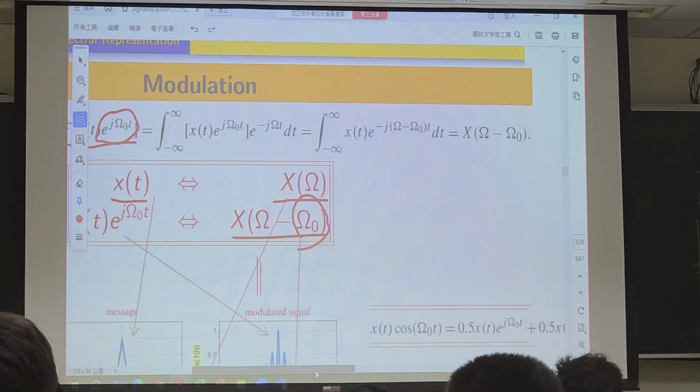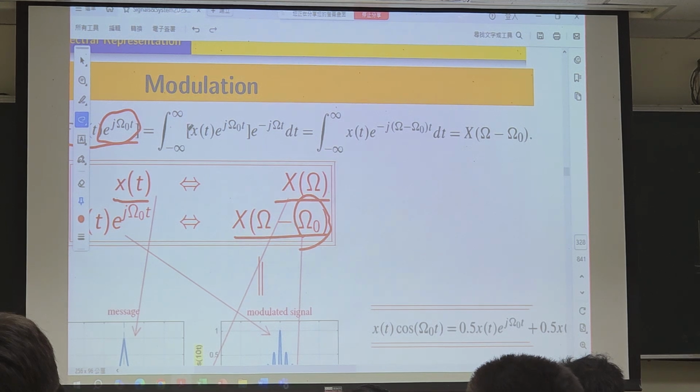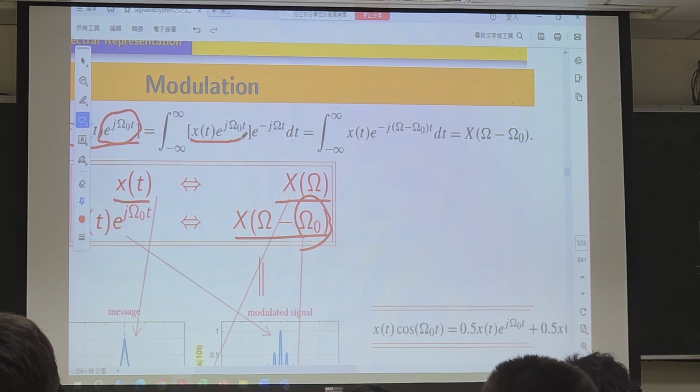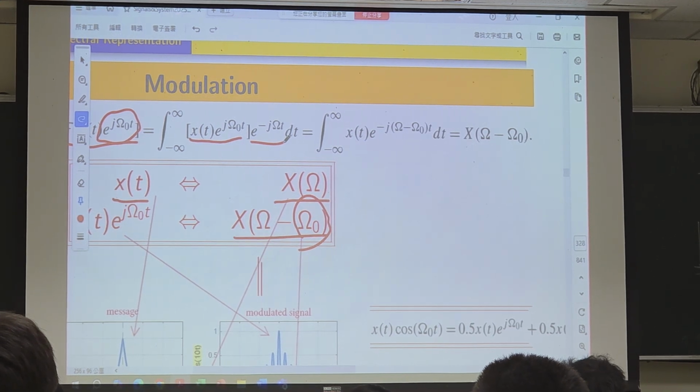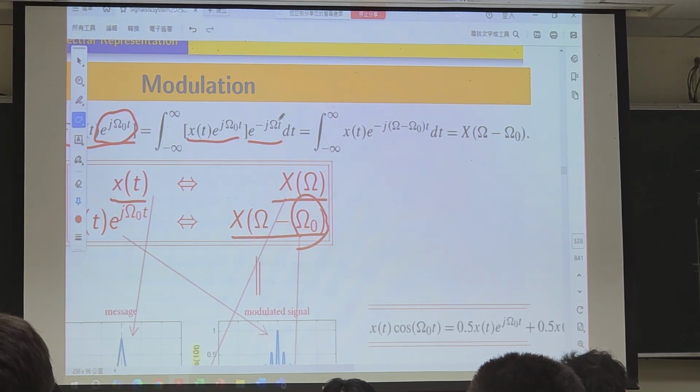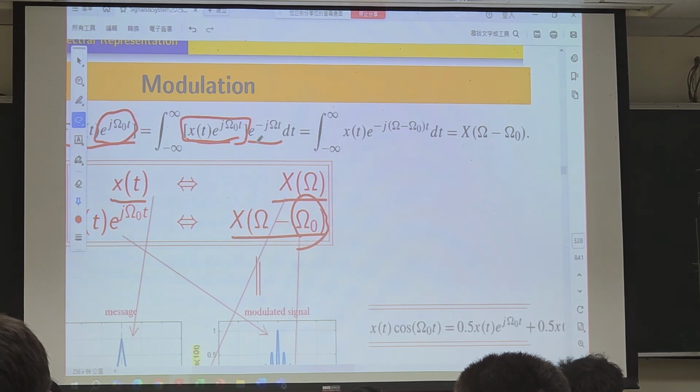By definition, we integrate the original function times e to j omega sub 0 t, and then times the exponential function e to the negative j omega t. Again, this is the projection. The integral of the product of two functions means the projection. We want to see the component of this function on this direction.